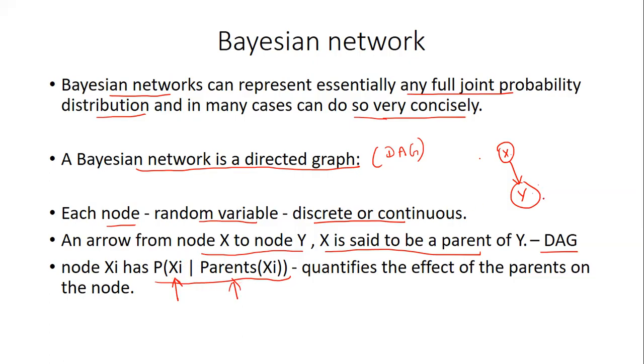So basically, everything will have two values. What is the probability of occurrence of y given that x has already occurred? Similarly, it is something like this.